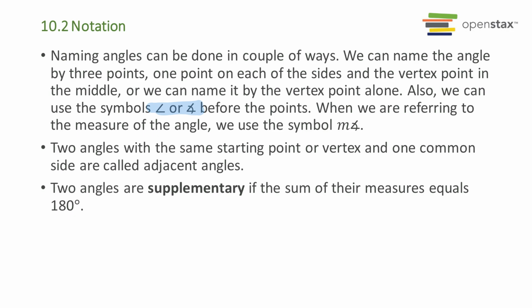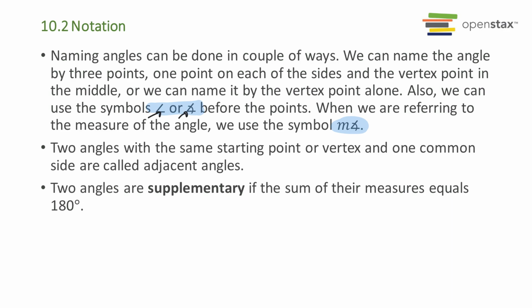Typically, the first symbol just means angle, and the second is for the measurement of an angle, but they can both be used interchangeably for an angle. When referring to the measure of an angle, we typically put an M in front. Again, we like to use these notations in mathematics so that we can say a whole lot of words in any language, but with symbols.